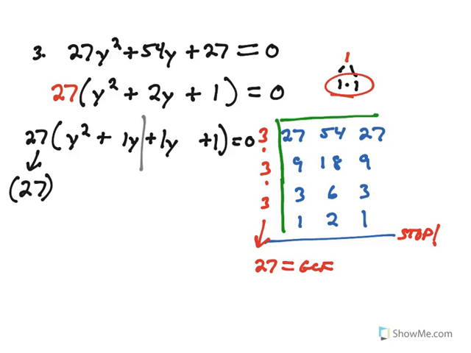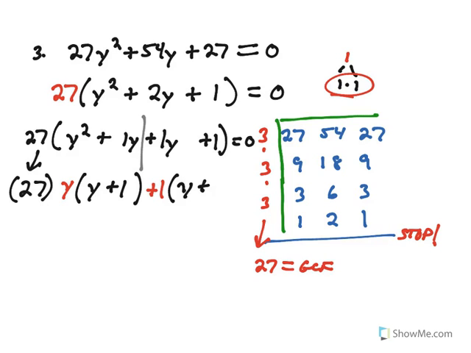The GCF on the left side of y squared plus y is just going to be y. And then in the parentheses, we're going to have y plus 1, right? And in here, to the right, the leading coefficient is plus 1, so that needs to be factored out.